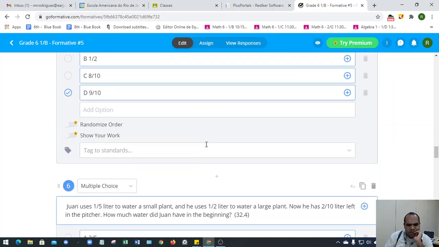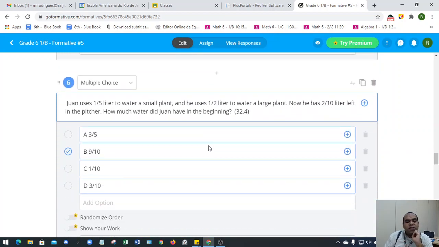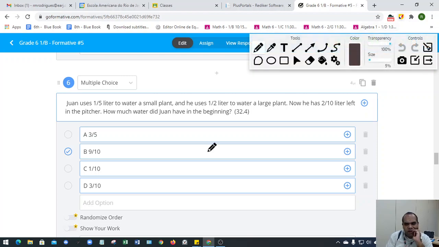Let's go. Number 6. Juan uses 1/5 liter to water a small plant, and he uses 1/2 liter to water a large plant. Now he has 2/10 liter left in the pitcher. How much water did Juan have in the beginning? Okay, guys, we need to understand here the same idea.